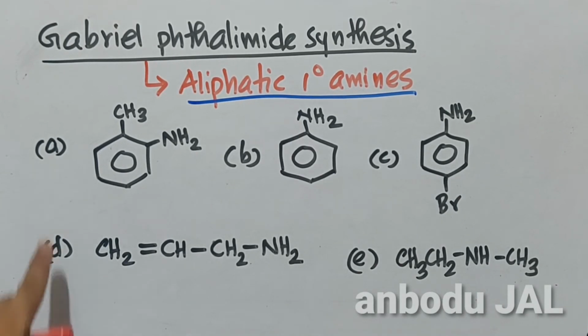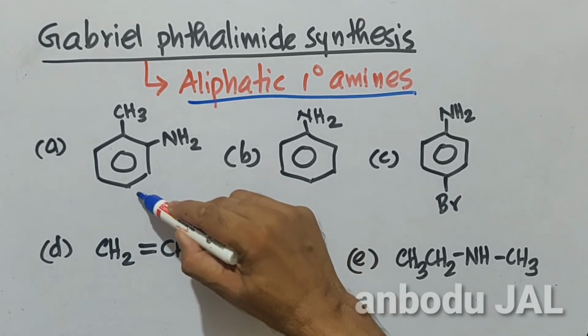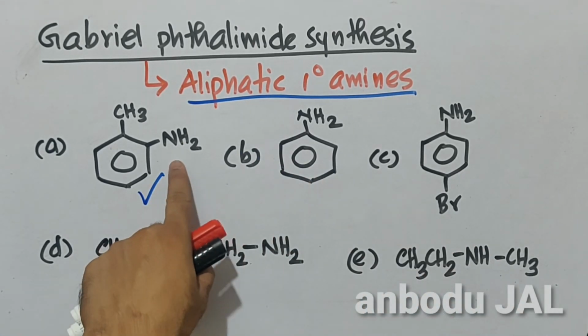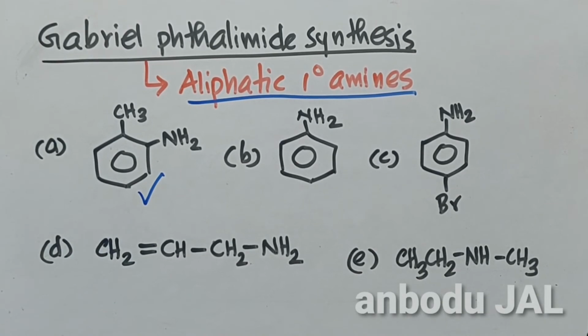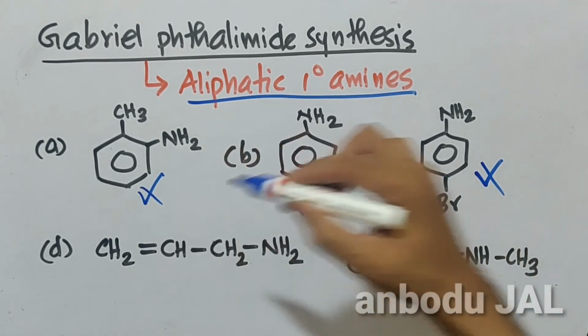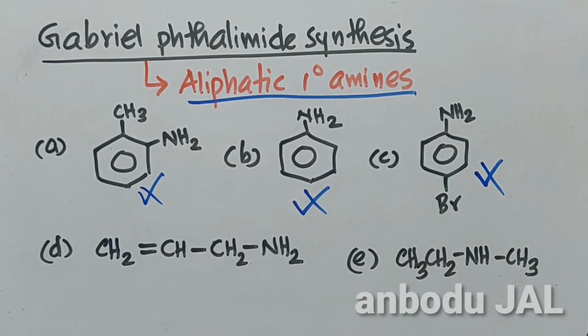Now listen here. Option A is an aromatic amine, 2-aminotoluene. Then the second compound, pure aniline, which is an aromatic amine, and this is also an aromatic amine. So Gabriel phthalimide synthesis is not to be used for these compounds.